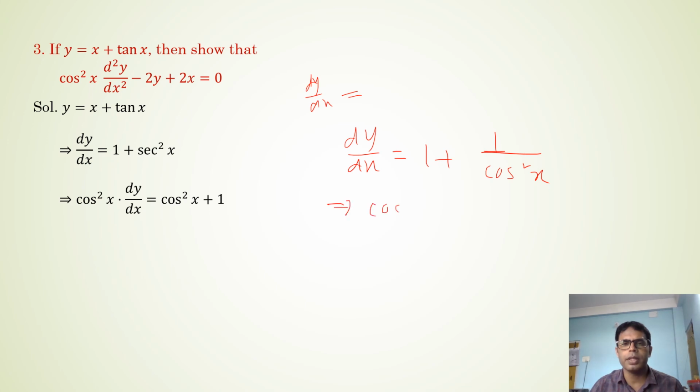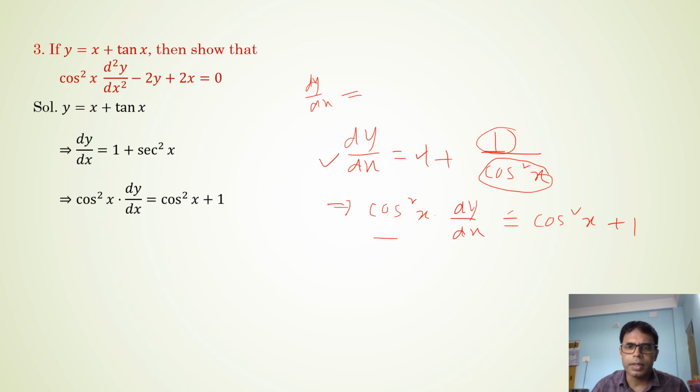So in the left hand side it will be cos square x into dy/dx, and on the right hand side 1 into cos square x is simply cos square x, and plus 1 is remaining there. This cos square x is multiplying here and here, and so it is remaining 1 only.